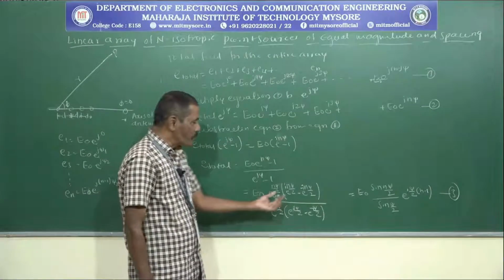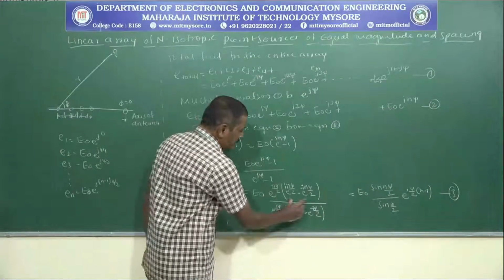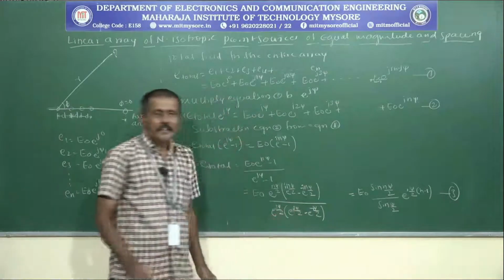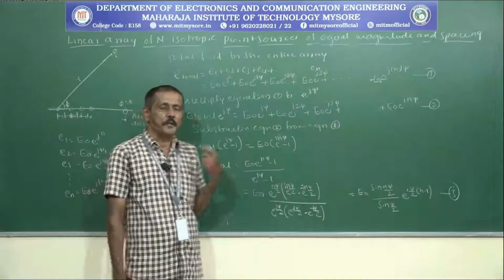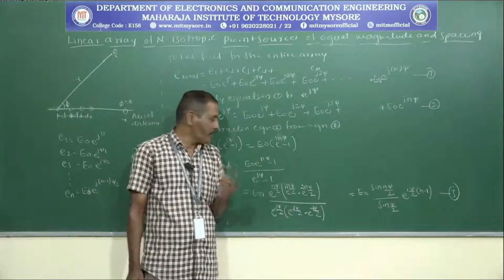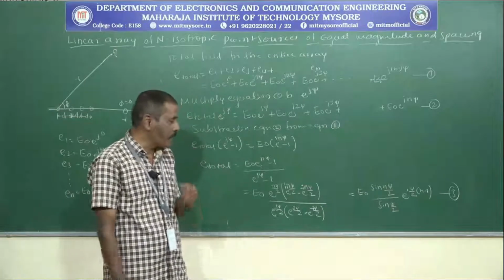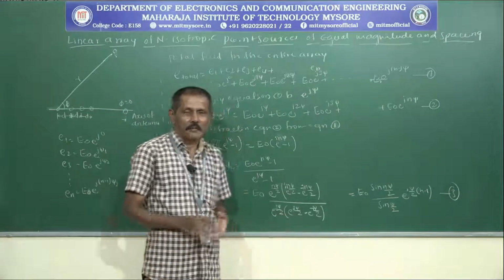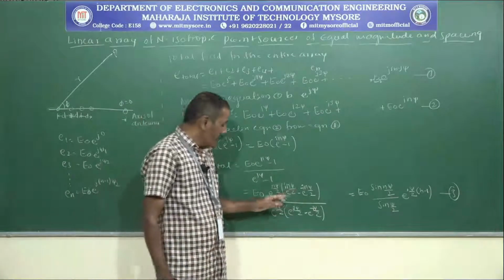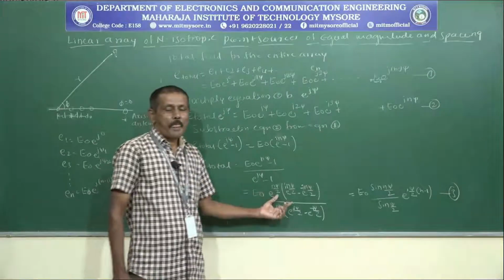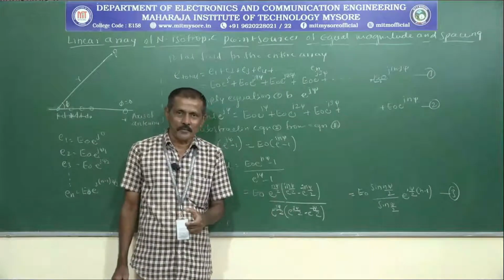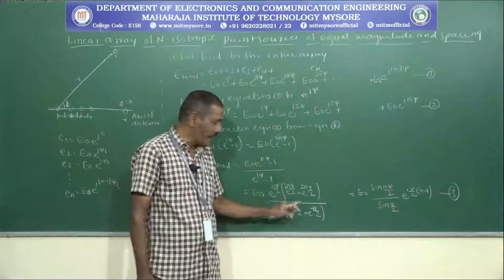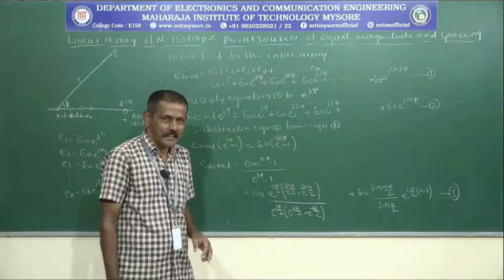Now, if you closely observe, this term and this term are in trigonometric form, because you know (e to the power of j theta minus e to the power of minus j theta) divided by 2j is sin theta. Similarly, here also it is in the form of a sine. So if you compare the trigonometric forms, this is equal to sin theta and this is also equal to sin theta.